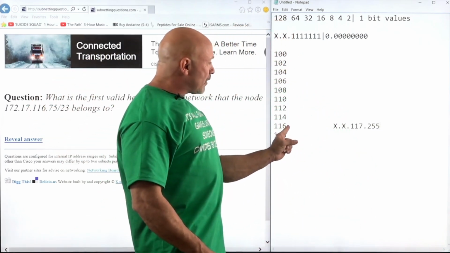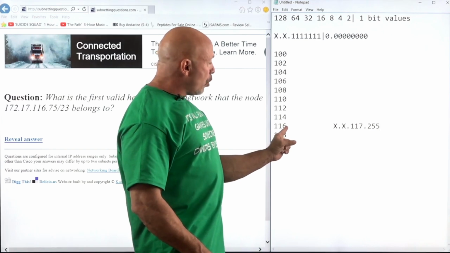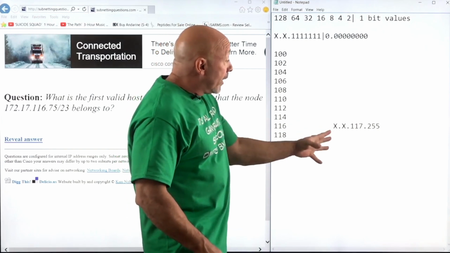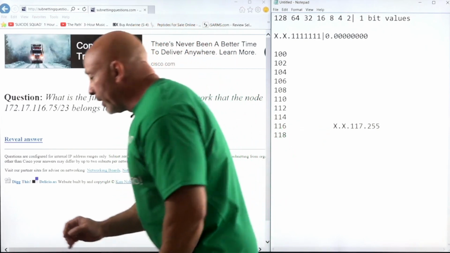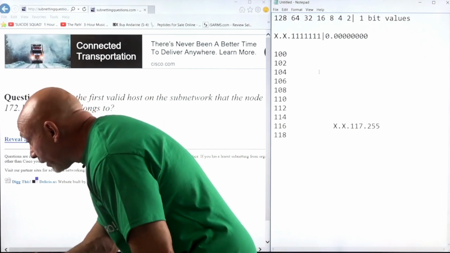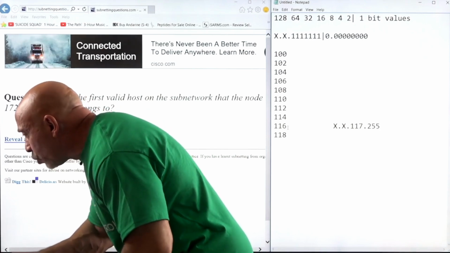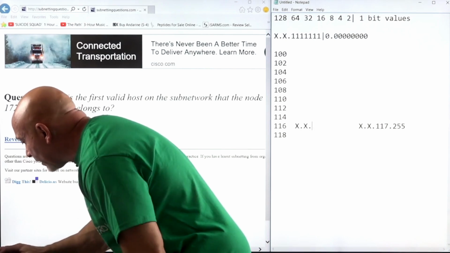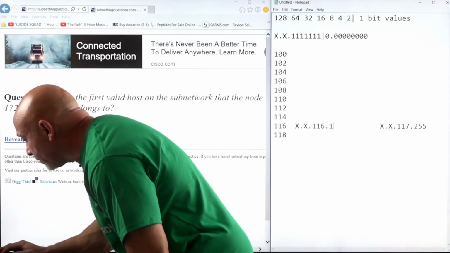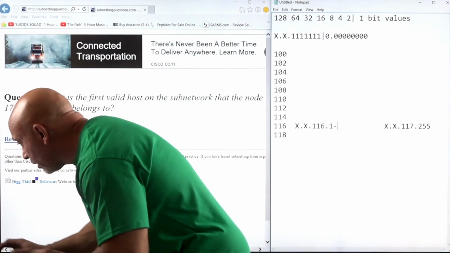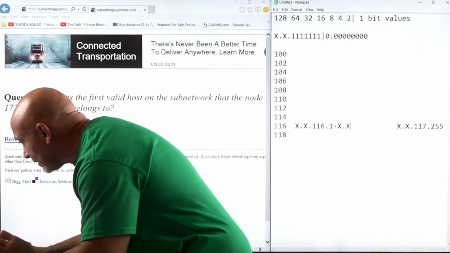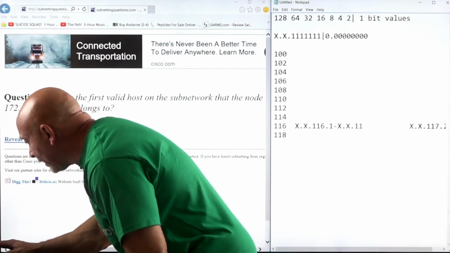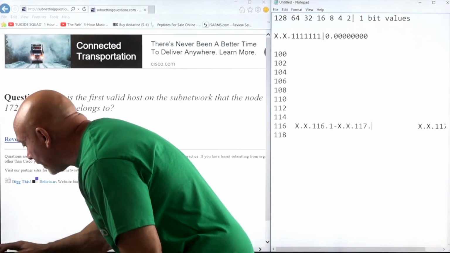So what will be the first value right after 116 dot whatever? This will be the valid range: x.x.116.1 through x.x.117.254.